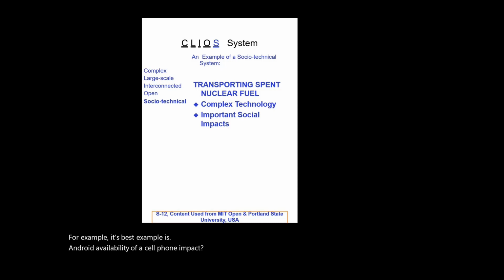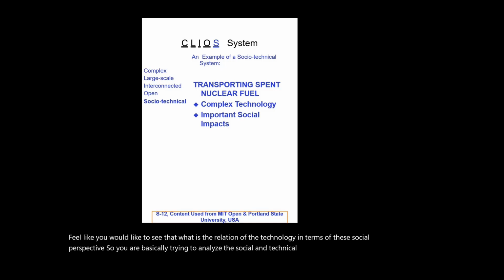You would like to see what the relation of the technology is from the social perspective. So you are trying to analyze the social and technical aspects of how a specific system will function.